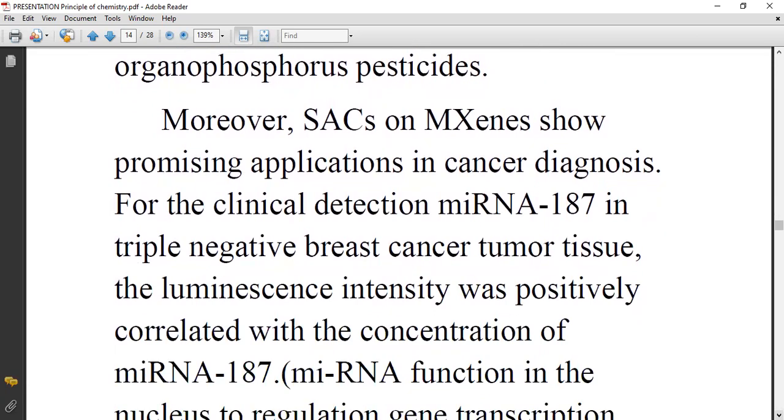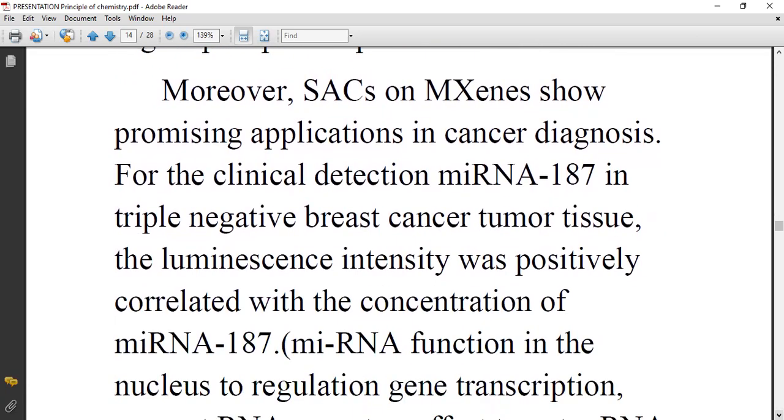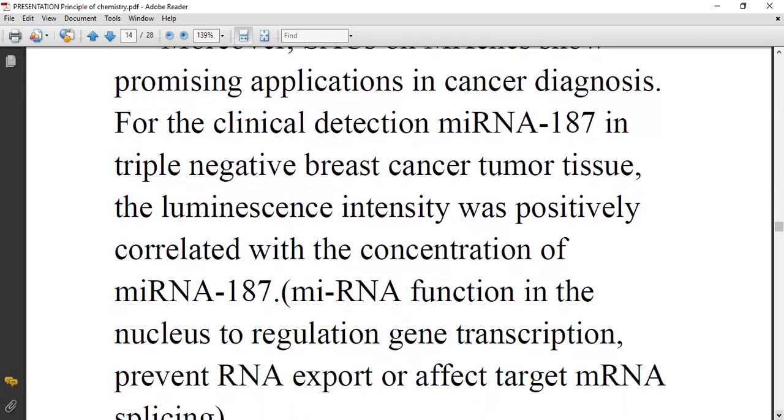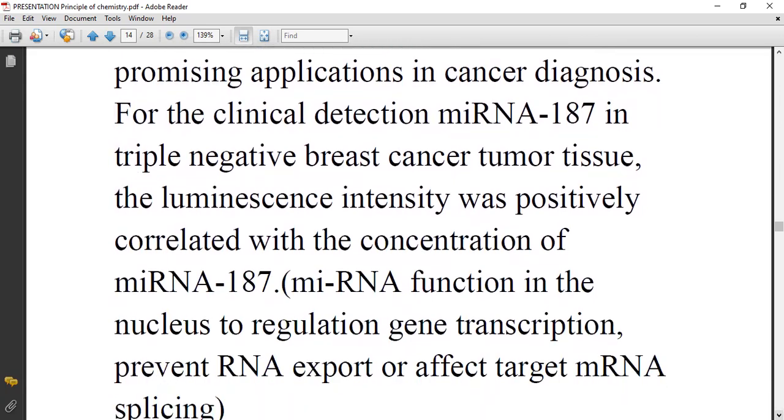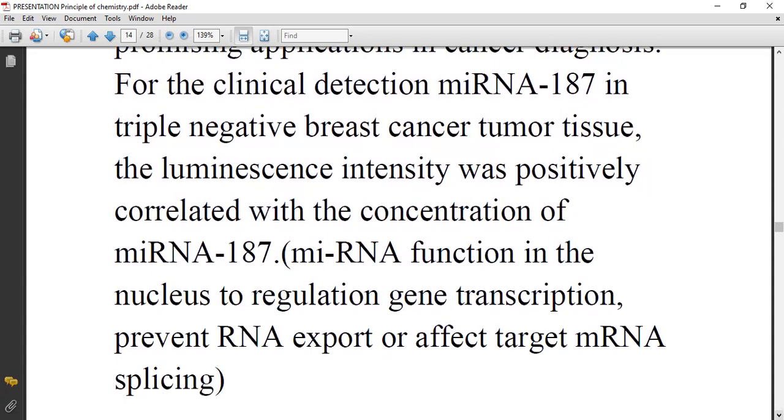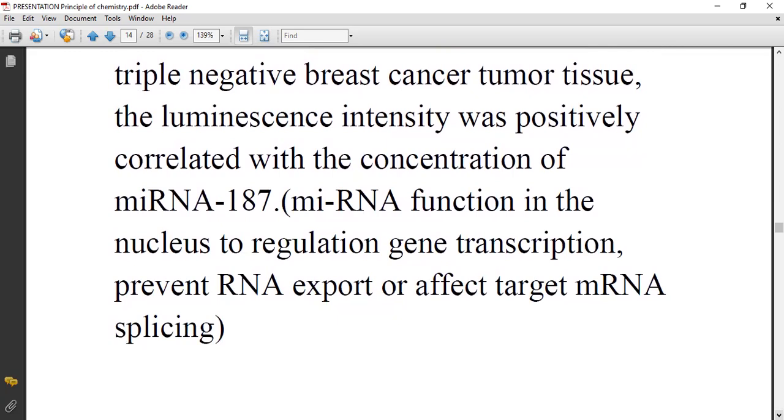Moreover, SACs on MXene show promising application in cancer diagnosis. For the clinical detection, RNA 187 in triple negative breast cancer tumor tissue was positively correlated with the concentration.